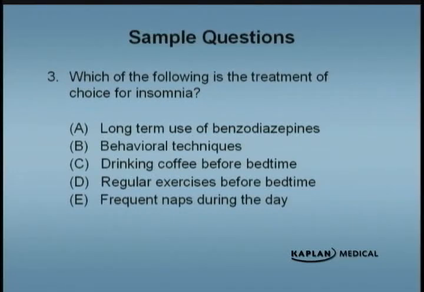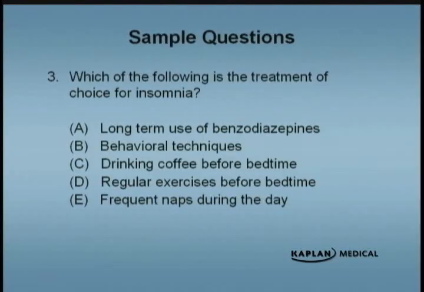Question number 3. Which of the following is a treatment of choice for insomnia? A, long-term use of benzos, B, behavioral techniques, C, drinking coffee before bedtime, D, regular exercises before bedtime, or E, frequent naps during the day. Now, we know that long-term use of benzos is not an ideal treatment. They're very addicting.